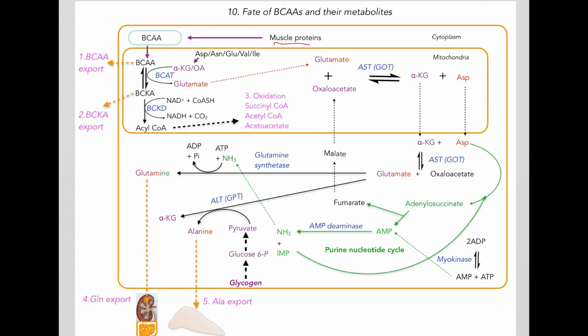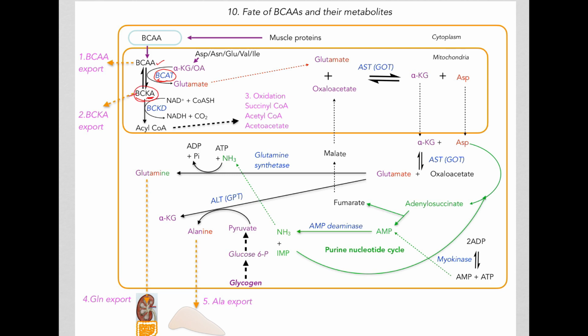When muscle proteins are broken down into branched chain amino acids, there are several things that can happen to these branched chain amino acids that are formed from breakdown of muscle proteins. One is that the branched chain amino acid may be transported out of the muscle cell to the rest of the tissues. Since muscle cells are very rich in BCAT enzyme, these branched chain amino acids could be converted into their keto acids.